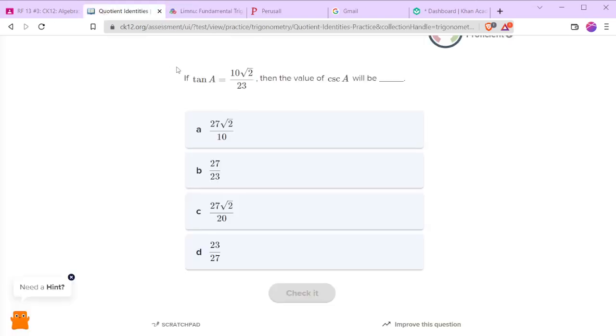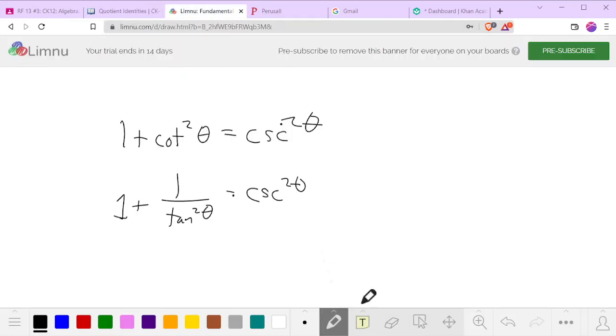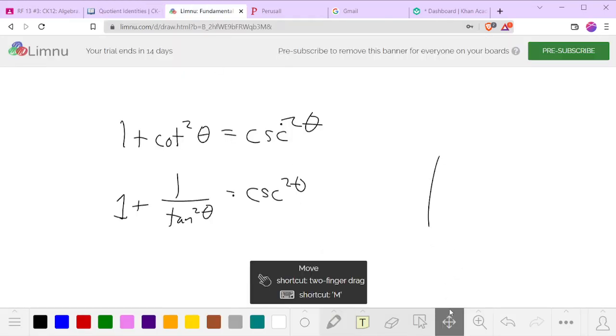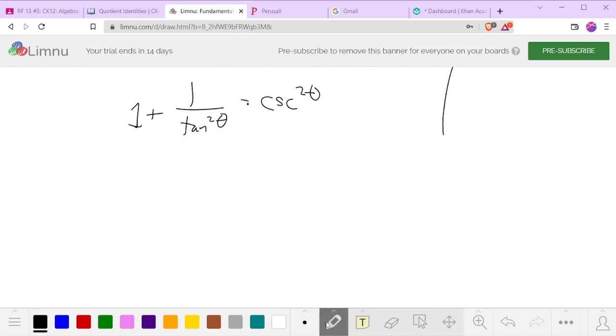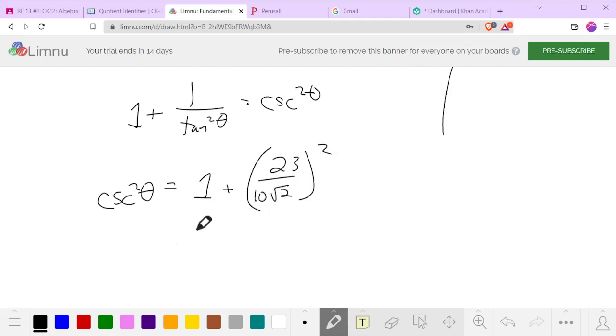So if our tan is 10 root 2 over 23, then our cosecant squared will be 1 plus 23 over 10 root 2 squared. So that is 1 plus 23 squared, and then this is 200 down here.